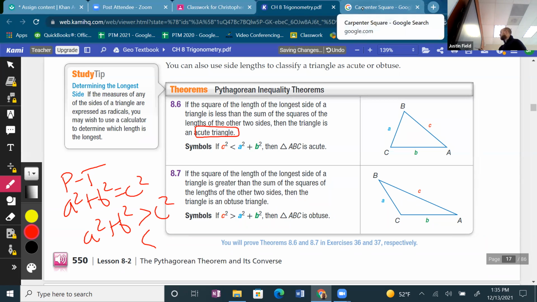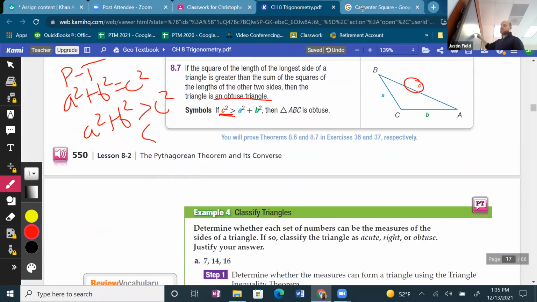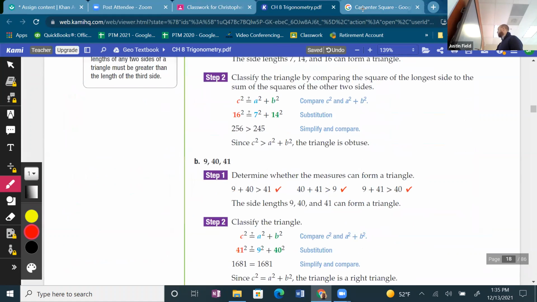And if c squared is greater, so that c side is so long that when you square it, it's bigger than the other two put together, that's because you have an obtuse triangle. Pythagorean theorem inequalities. And we can use that to classify triangles.